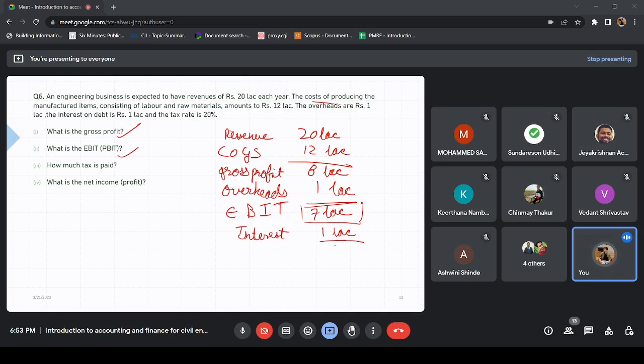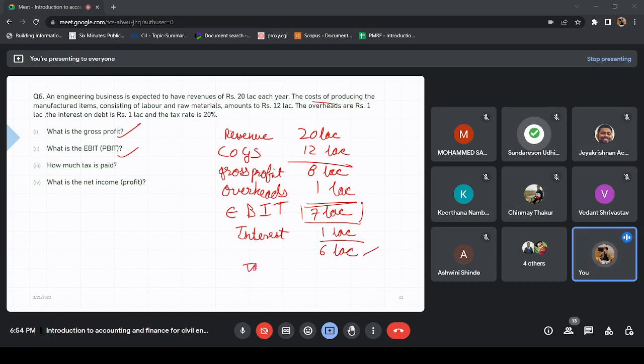How much is it now? 6 lakh. Now, how much tax do you have to pay? This is coming towards your net profit. You have to pay taxes on this number, 6 lakh. What is your tax rate? 20%.